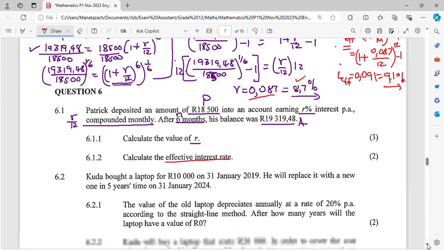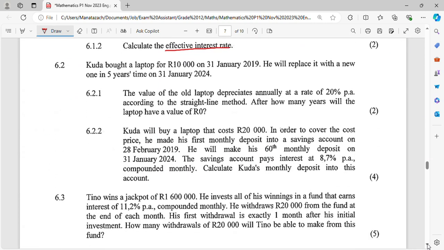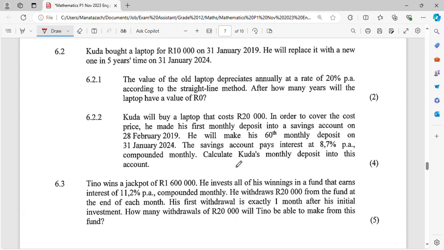Now let's go on to 6.2. 6.2 says Kuda bought a laptop for 10,000 rands on 31st of January 2019. He will replace it with a new one in 5 years time on the 31st of January 2024.